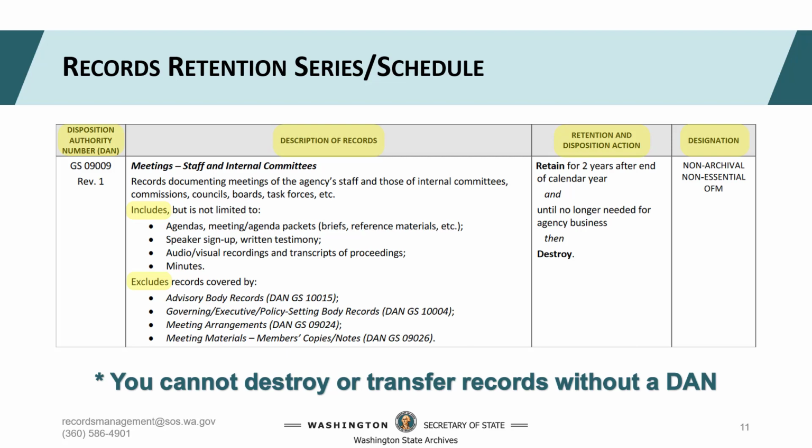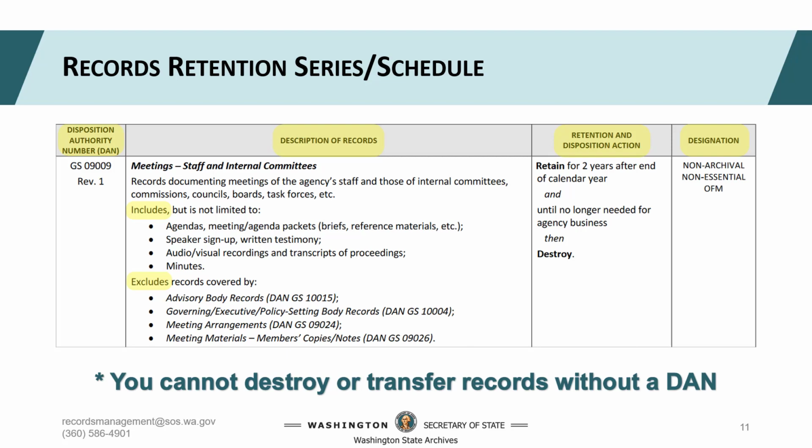DANs are unique identifiers that authorize the retention and disposition of a record. Like most unique alphanumeric identifiers, DANs don't make much sense on their own, but in the context of an entire schedule, they quickly distinguish one series from another. DANs are important to include in inventories, box content lists, or disposition logs.